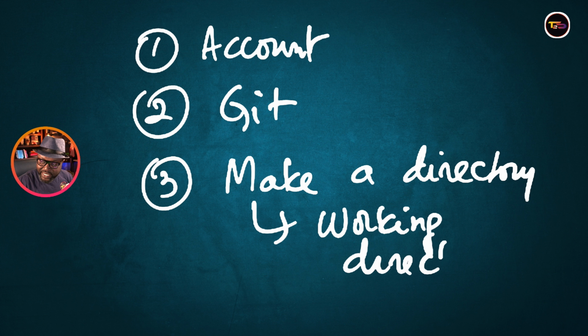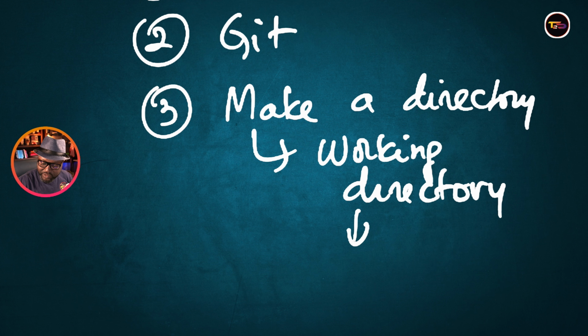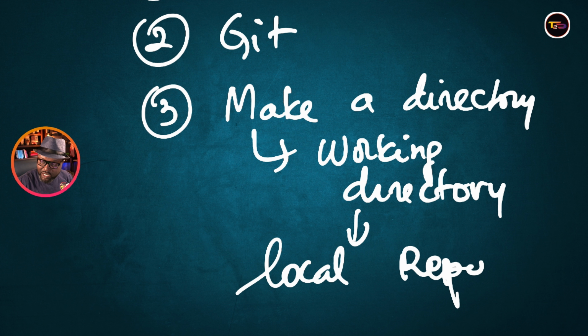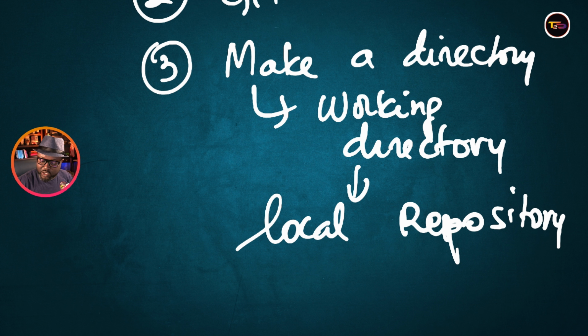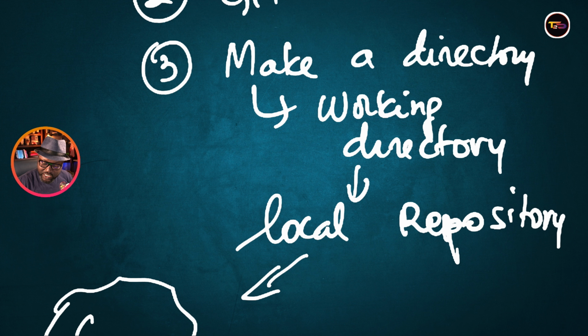And this will become our local repo. So we're going to refer to this as our local repository. This local repository is what you're going to send to the cloud, to GitHub.